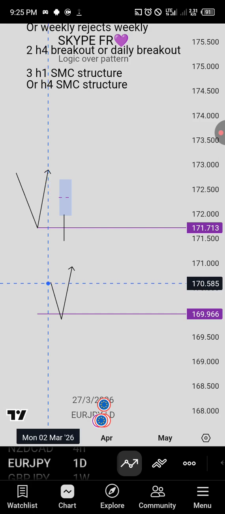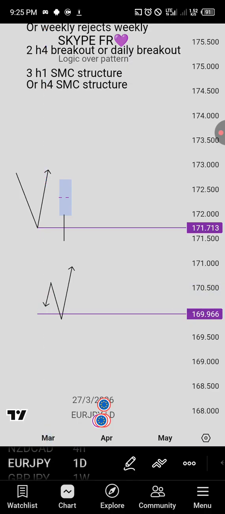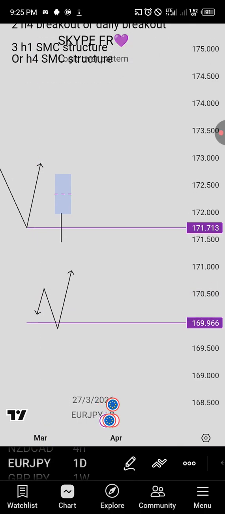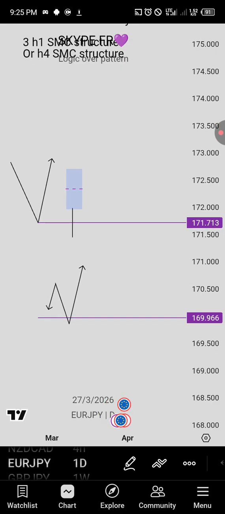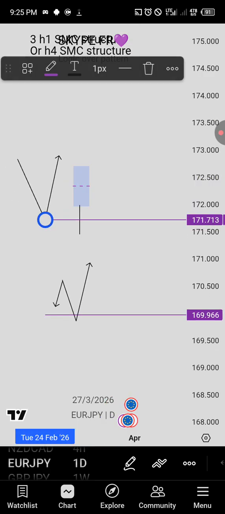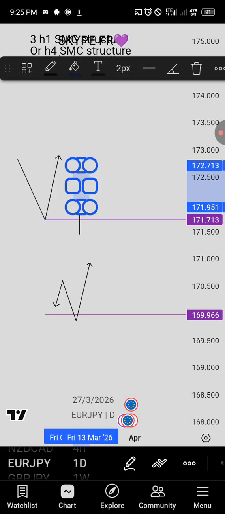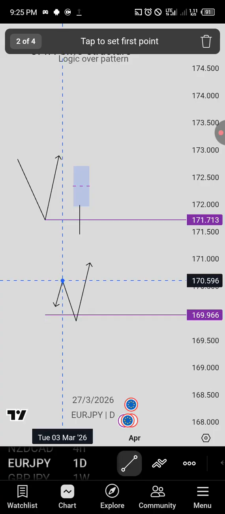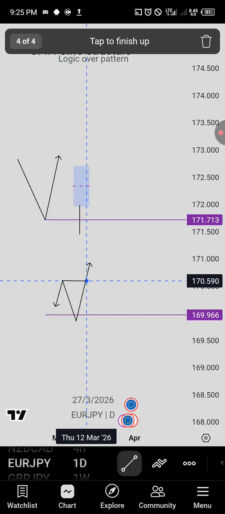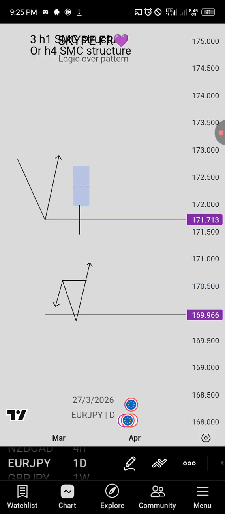Alright, let's assume this is our daily time frame, and this is our H4 time frame. So this is our daily key level, which price rejected from, and then on the H4 we have a breakout. Okay, so this is the first step.